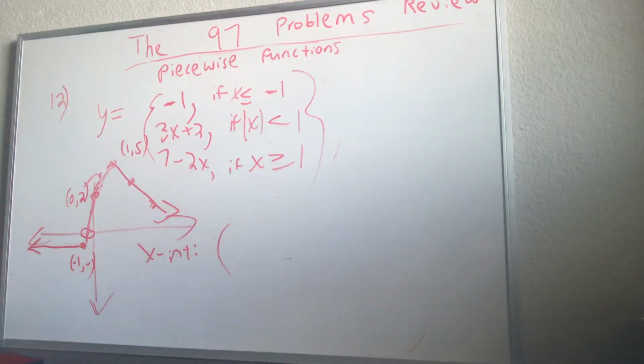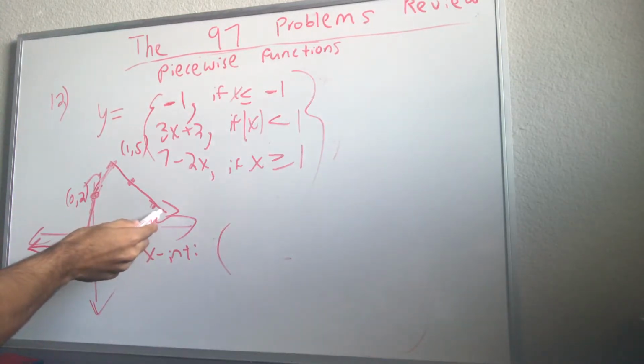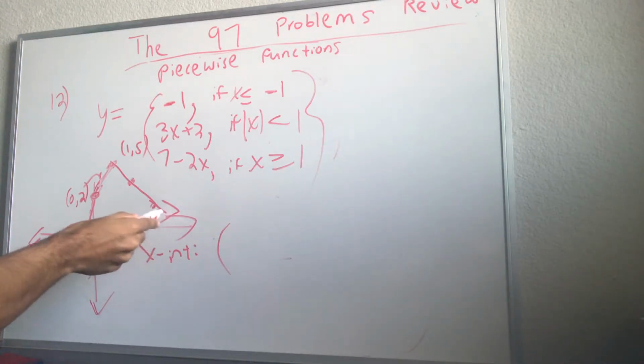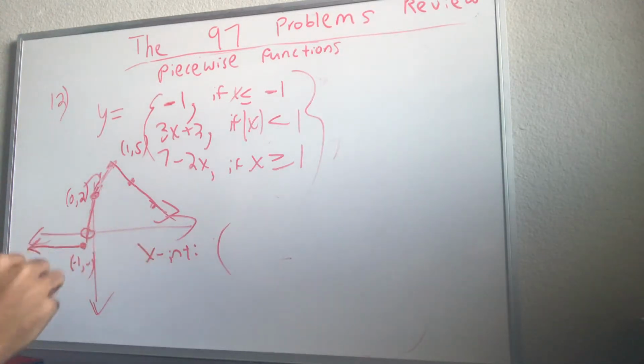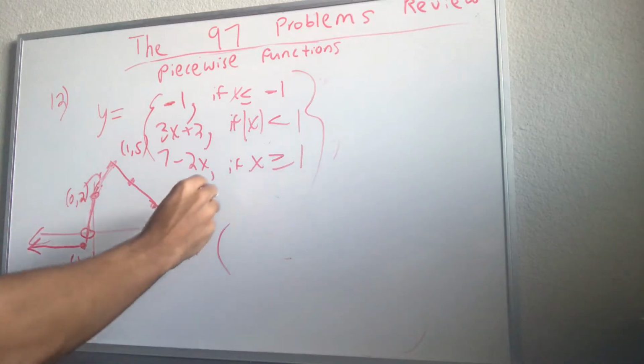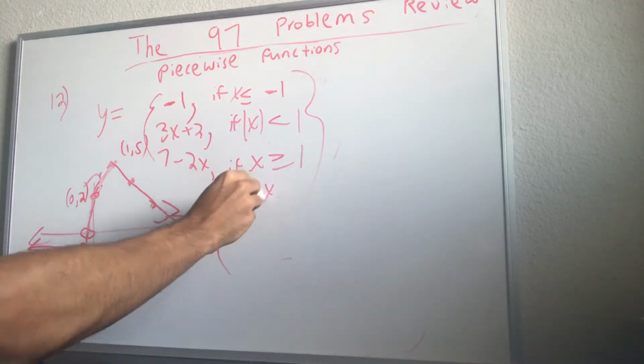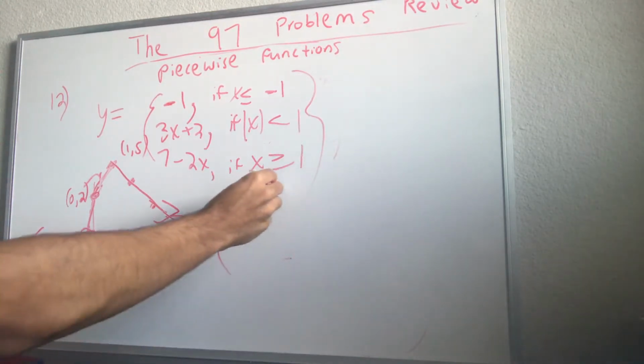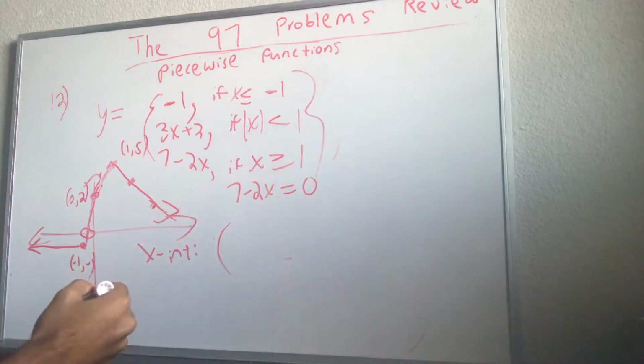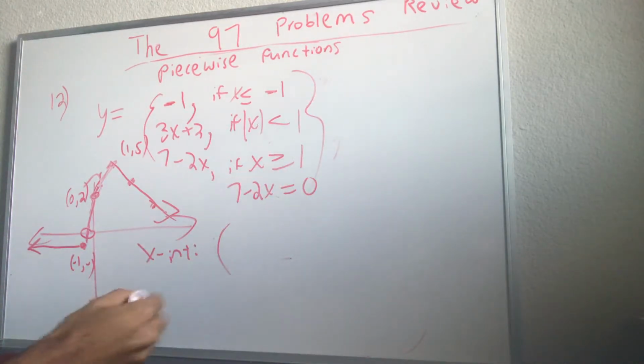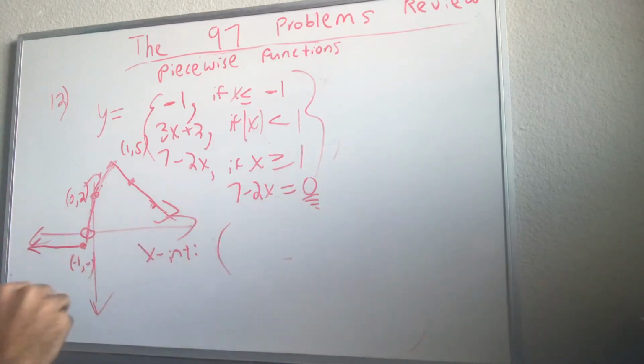There's one point here that we can visually see, and then we know that there's another point where it will cross the x-axis, because it's going on infinitely here. So we're saying that 7 minus 2x should equal 0, and we're solving because, again, the x-intercept is the value of x when y is set to 0.